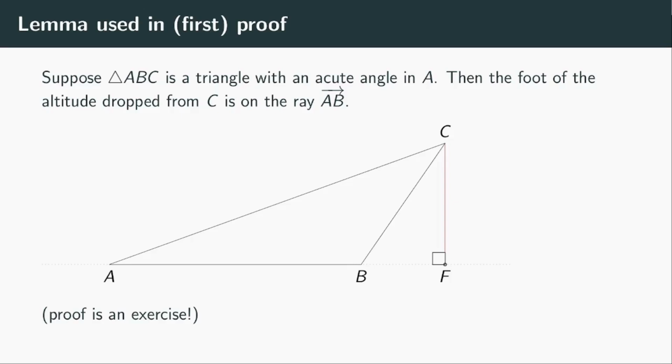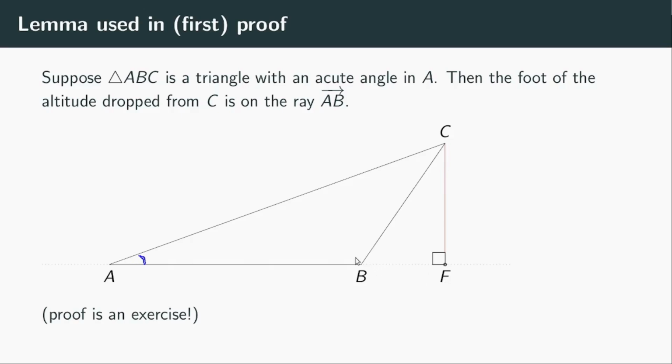And for the proof, we need a lemma. So the first lemma that we need is that if I have a triangle ABC and I have an acute angle in A, then the foot of the altitude dropped from C is on the ray AB.